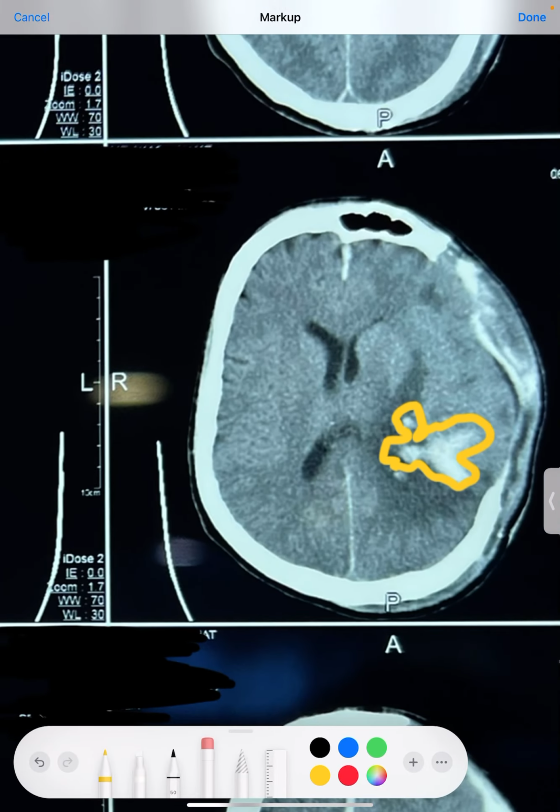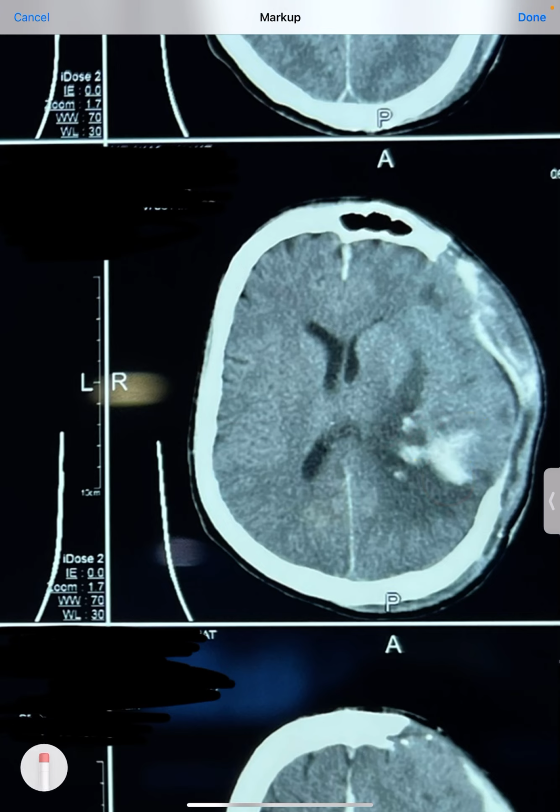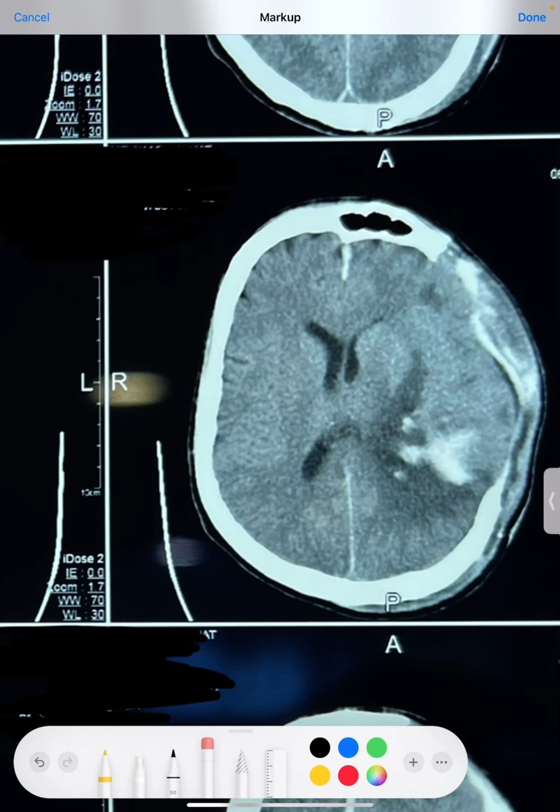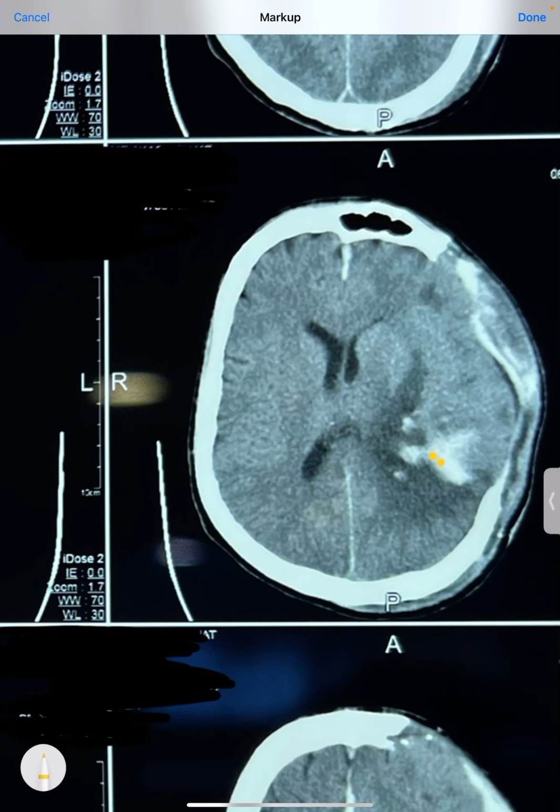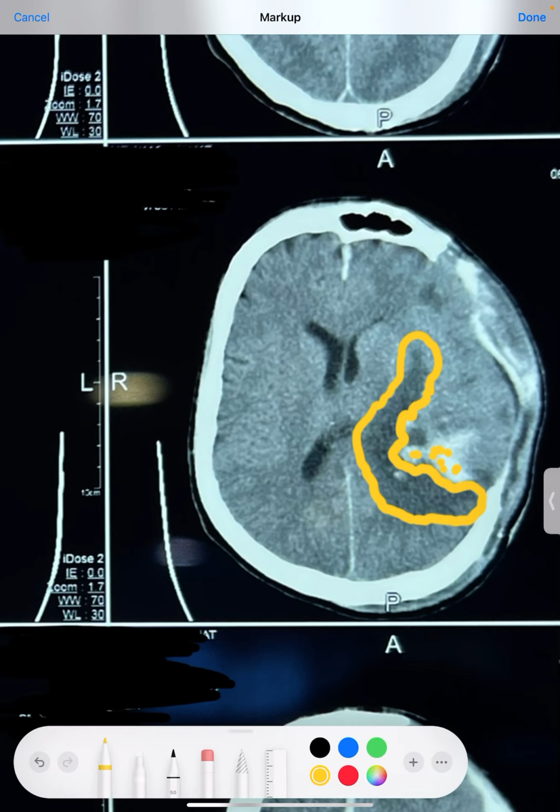So I'll show you. In this structure, we can see that this whitish portion is the blood, but this part which is blackish is all edema. So normally, the edema or swelling over the brain tissue should not be there, but here the bleeding is here.